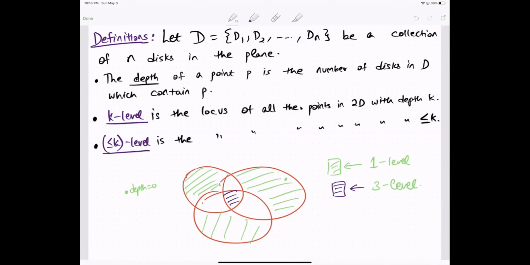And so what is less than or equal to 2 level? That will be 0 level plus 1 level plus 2 level.